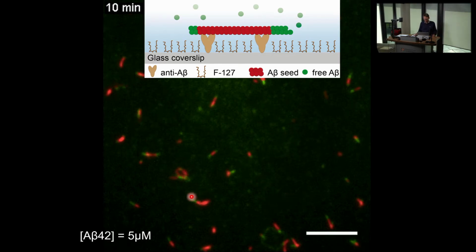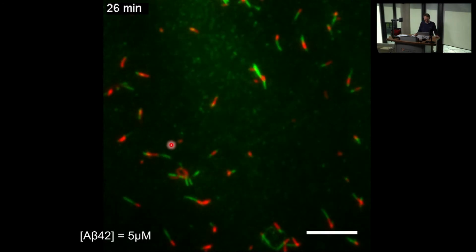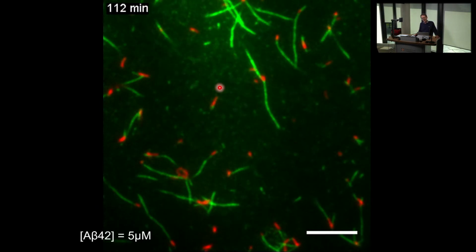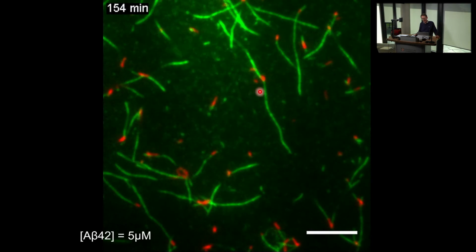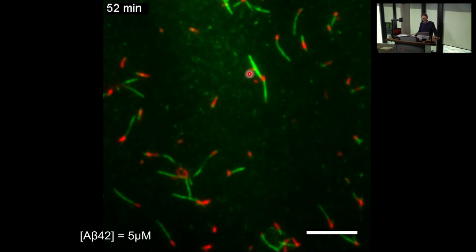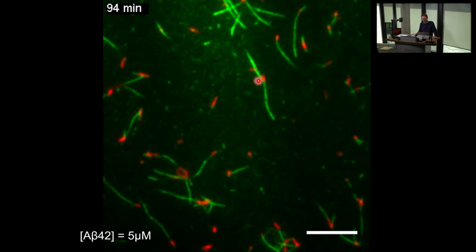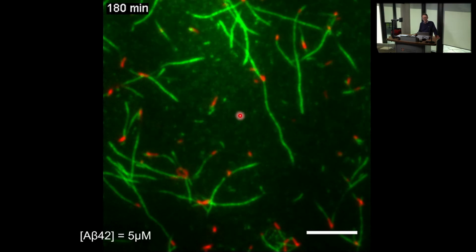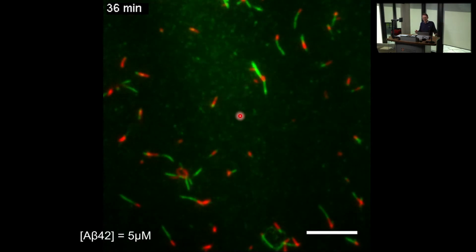You can see this here in this movie. The monomers are labeled with a green dye, and the fibrils that are stuck down on the coverslip are shown in red. If you wait, you can see under the microscope how, molecule by molecule, these fibrillar structures grow.